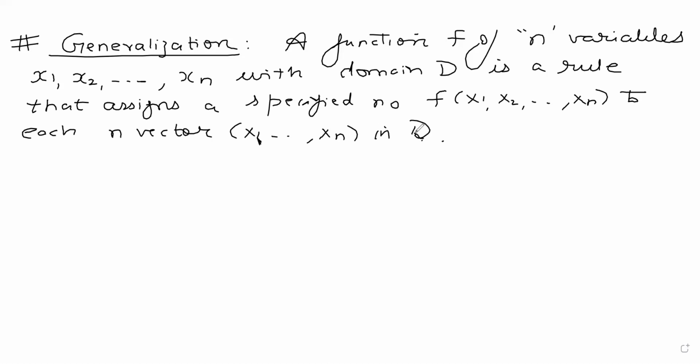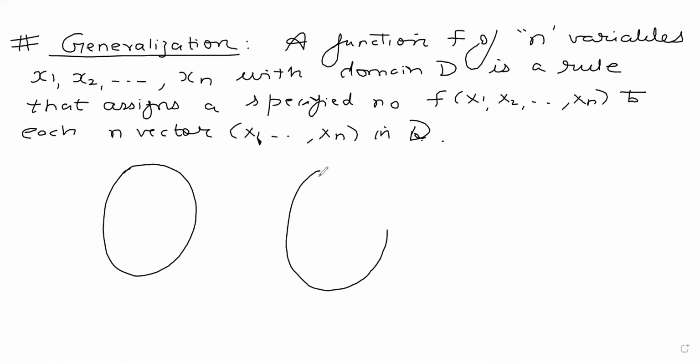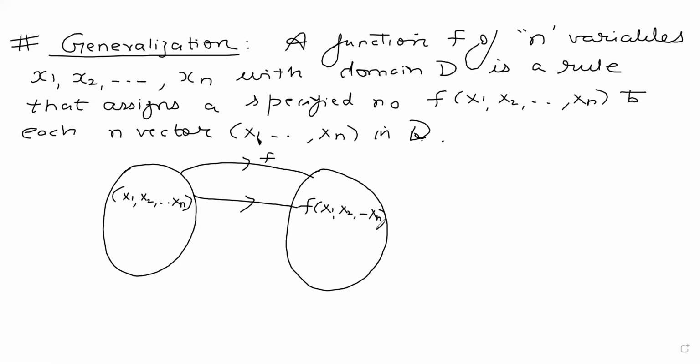So this is not new. This is just a generalization to the nth dimension now. It's like saying that now I have a function which is mapping the nth dimension vector to its image f of x1, x2, xn. This is my domain and this is my codomain. Again, we will keep on having different values.